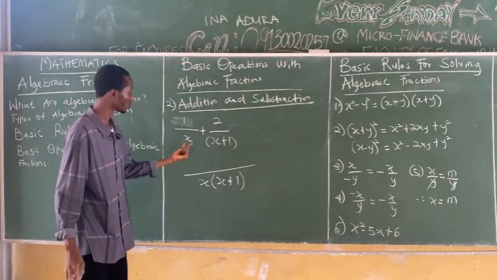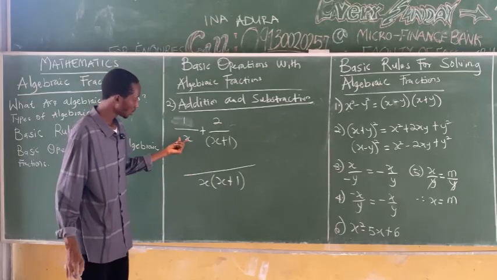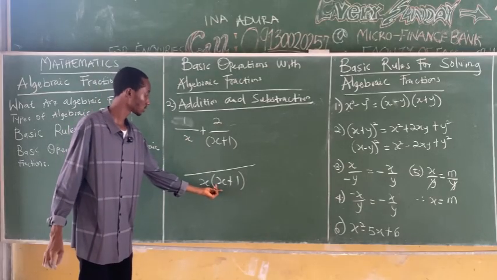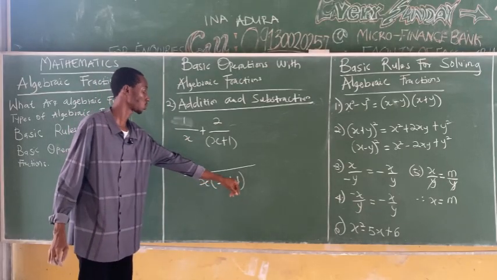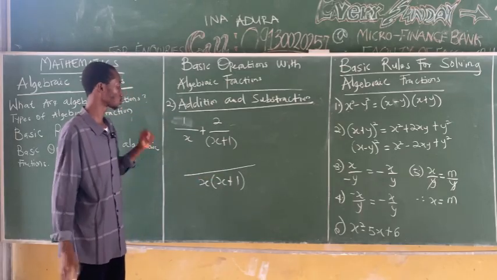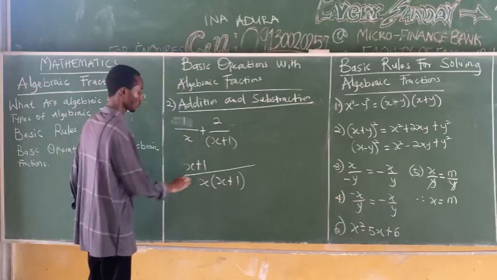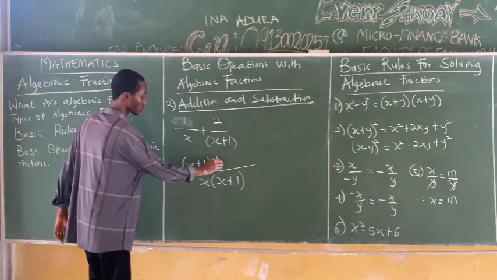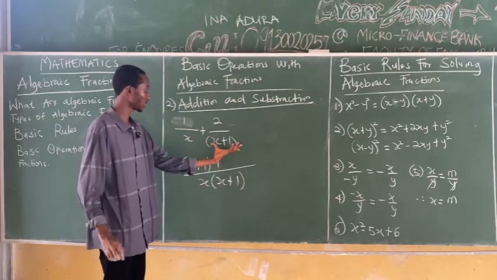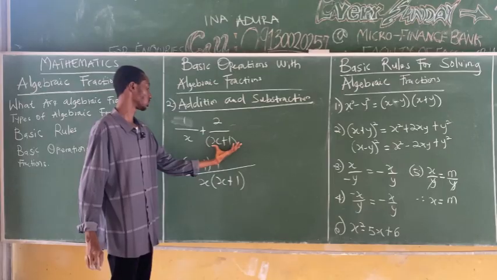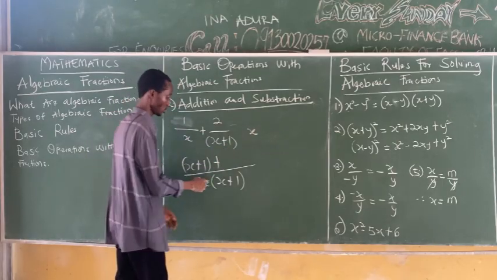Now what you do is, you say this divided by this, you're left with what? x plus 1. x plus 1 times 1 will give us x plus 1. You enclose it in a bracket, plus this divided by this denominator here is going to give us what? x.